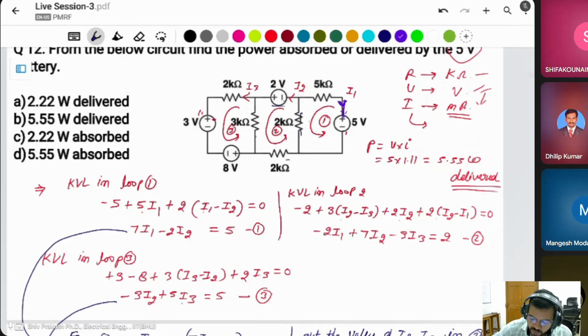In that case, it absorbs the power. When the current enters from positive, the source absorbs the power, not supplies it. But in this case, the current observation is correct, and I1 is outgoing from the 5 volt battery. That's why the power is delivered. This was not correct. This one is correct.